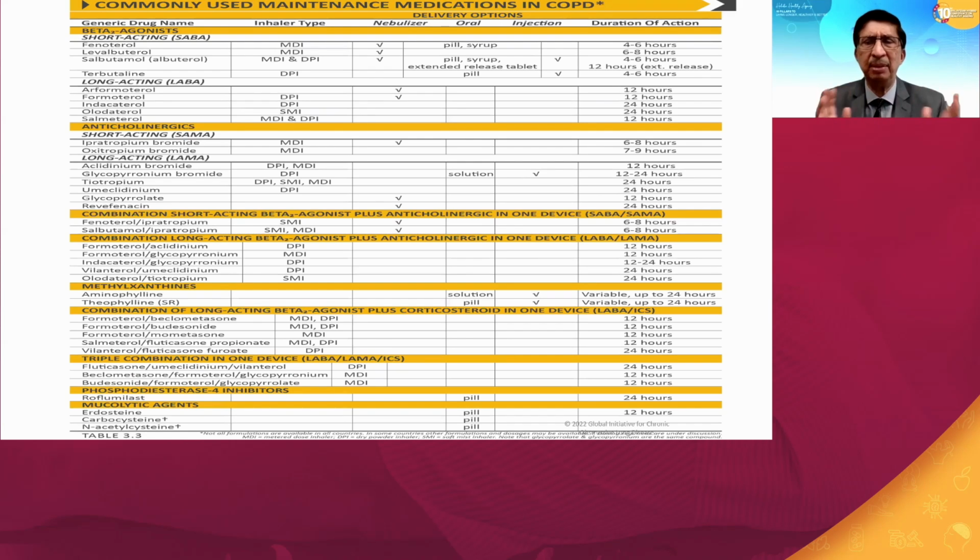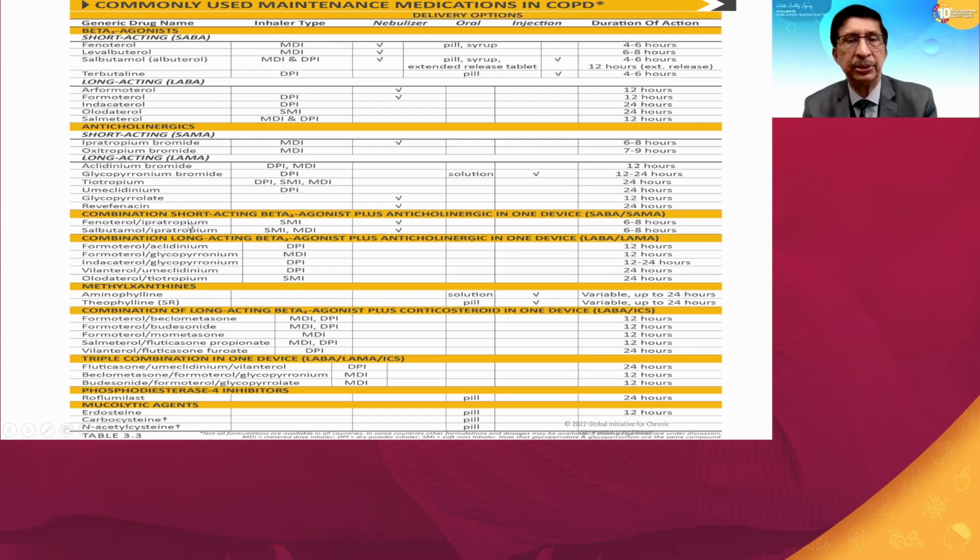So this is an extremely busy slide, but we have a huge number of medications that can be used, as I've told you, starting from the short-acting beta agonist, the long-acting beta agonist, the short-acting muscarinic agents, then the long-acting LAMAs. This is really the foundation for most of our patients, LAMAs.